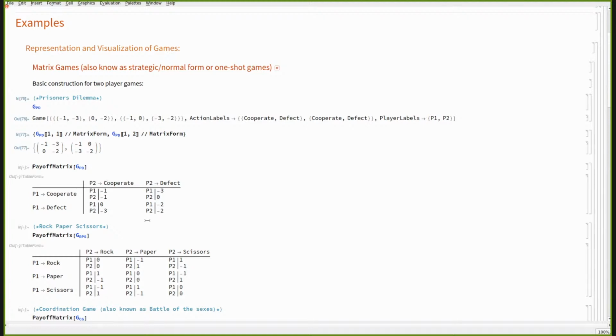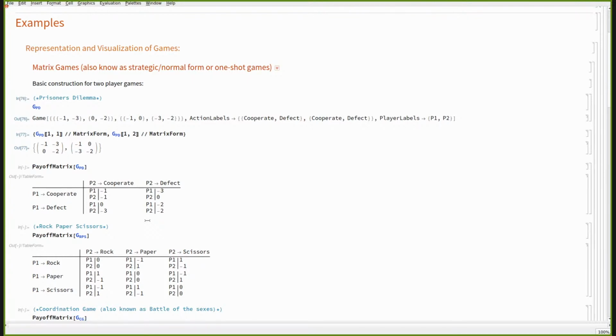What we talked about previously, and you apparently don't agree with this design, is that when there are named actions, to use an association with named keys rather than a pure matrix. What's the reason not to do that? In other words, instead of having separate action labels and player labels, why not have this first argument be an association of associations?